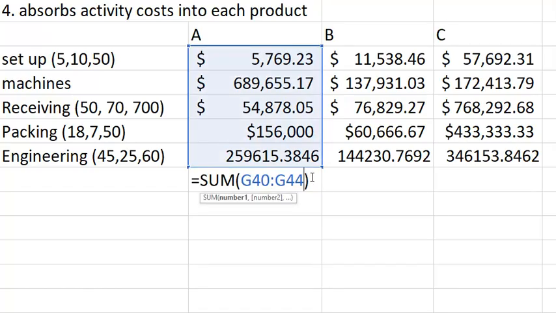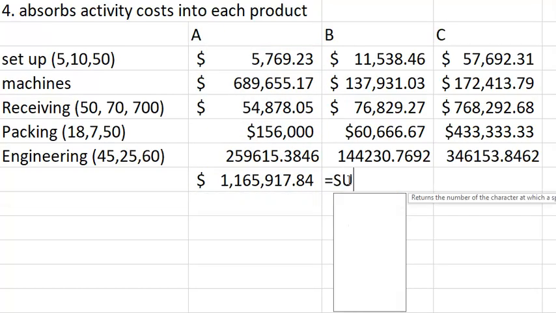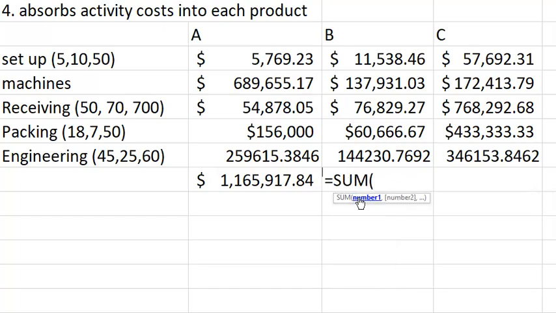Something wrong with my mouse. I just wanted to highlight, anyway. Let me just do it manually. So sum. Challenges.